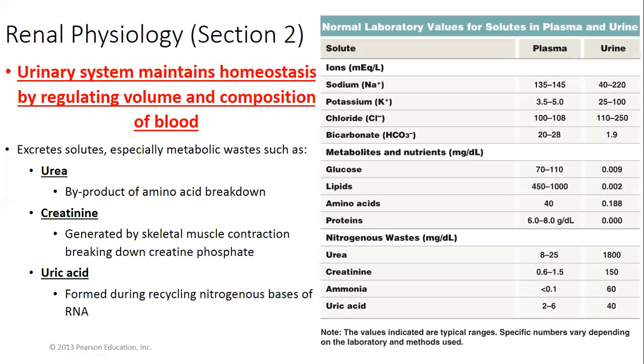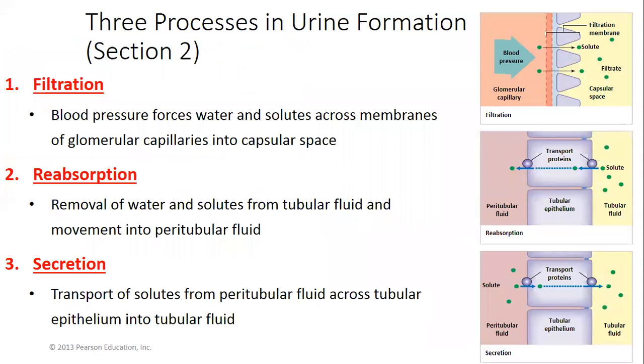So it should be extremely low. The glucose that gets filtered out of your blood should mostly get reabsorbed in a healthy human. And if that value is higher than it should be, that could be an indication that there's something wrong, like diabetes. So we can use these values in the urine versus in the plasma to diagnose disease or illness.